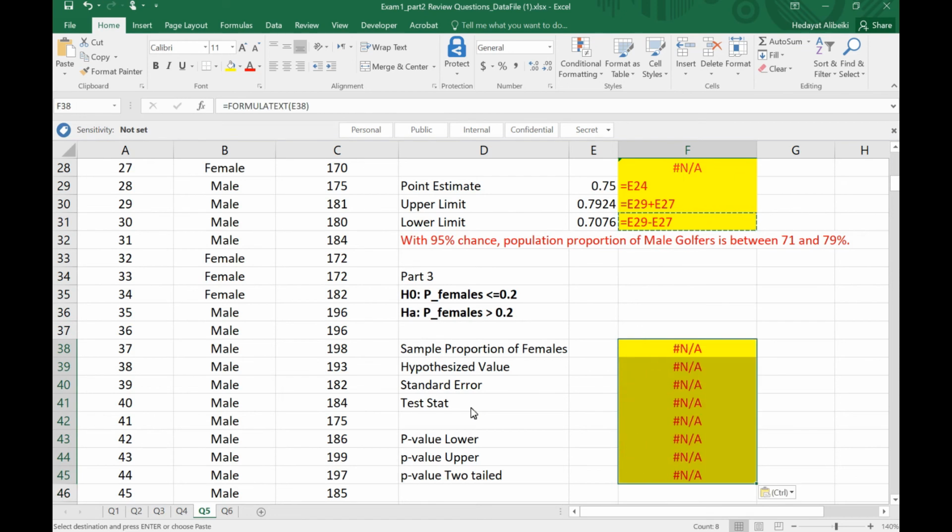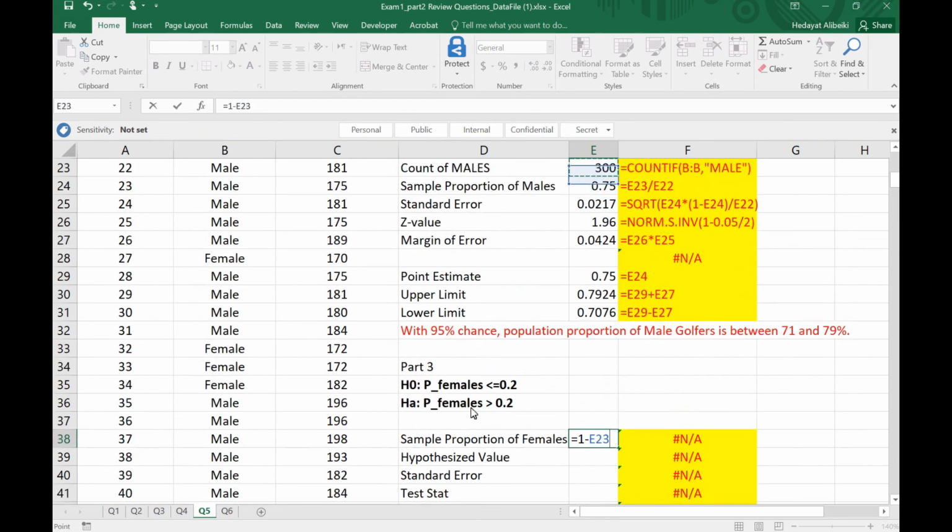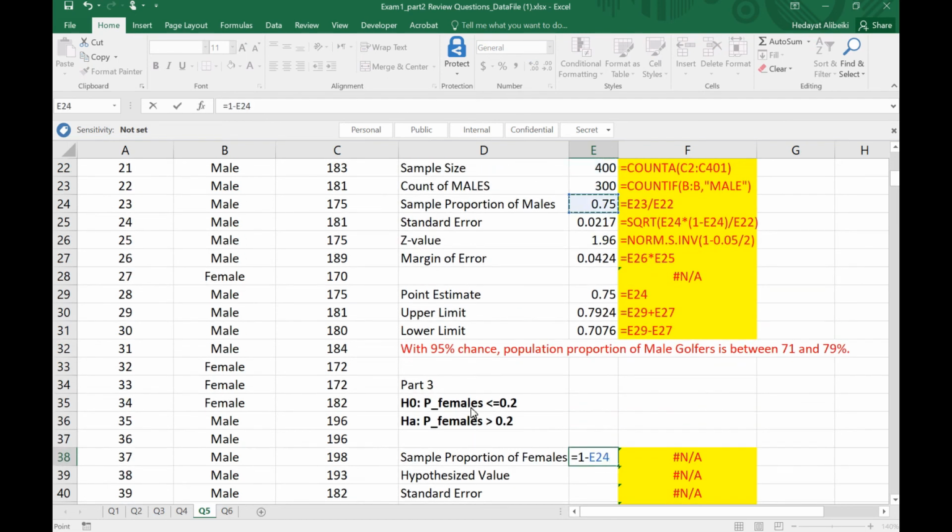So the sample proportion of female. We already calculated the sample proportion of male to be 75%. So 1 minus 75% would be 25%, which would be the sample proportion of females. Hypothesized value, we're testing to see if it's greater than 20% or not.